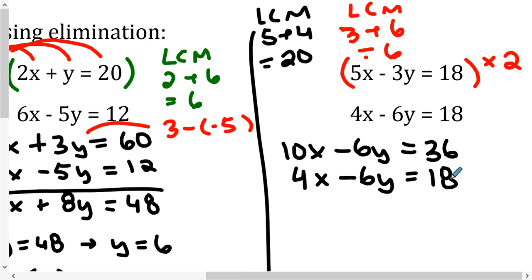Now, same thing that happened in the last system is going to happen here. If I take a -6y and I add another -6y, I'm at a -12y. So because their signs are the same, for the same sign, we want to use subtraction.